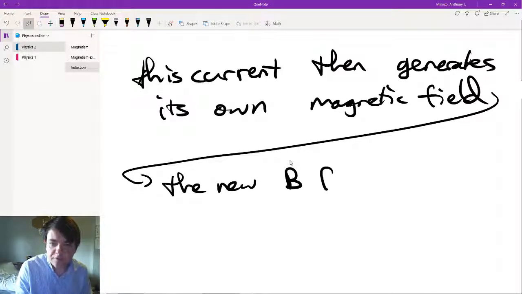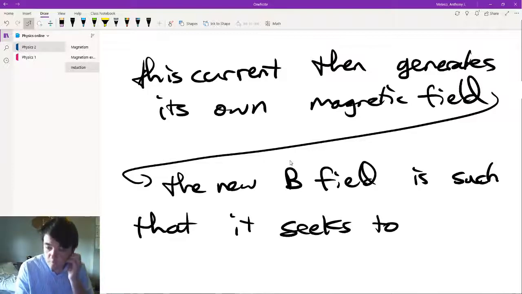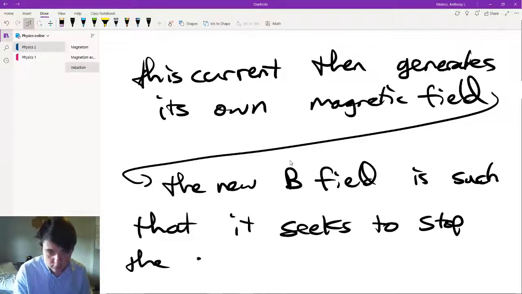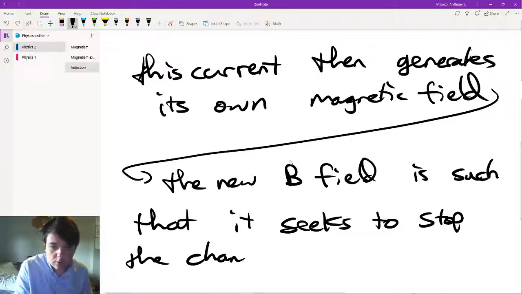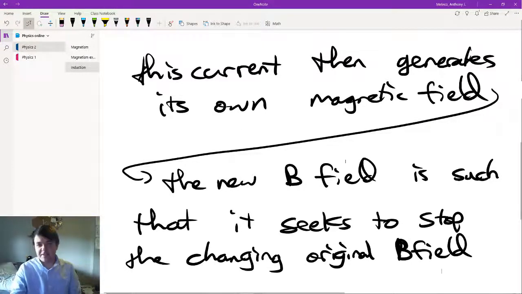This new B field is such that it seeks to stop the changing original B field.